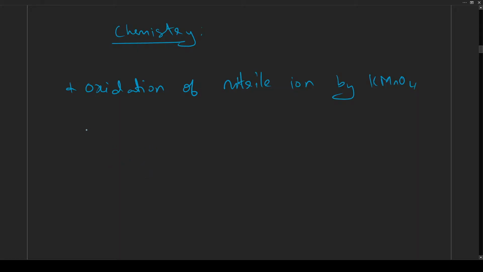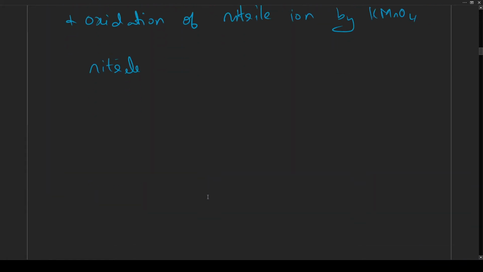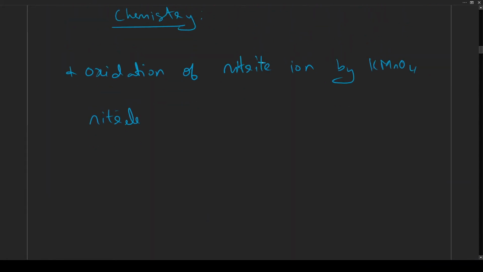The next reaction is oxidation of nitrite ion by potassium permanganate. This is not nitrile, it is nitrite.